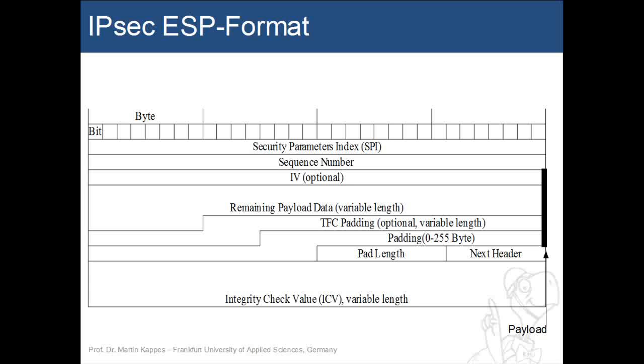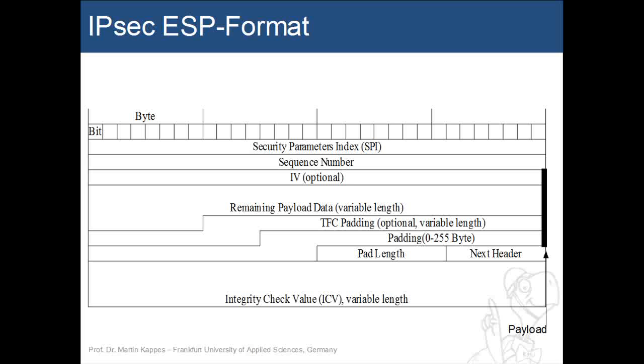However, typically ESP is used to check for integrity and confidentiality at once. IP packets which are protected by IPsec and ESP have protocol field number 50, and the header for ESP is depicted here in the picture you see.